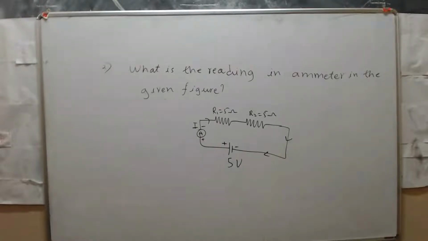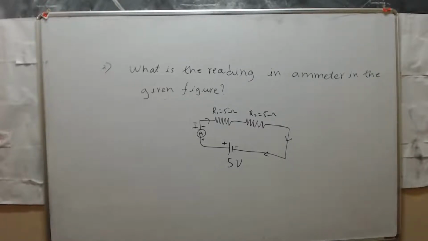Current is 0.5. Naresh Joshi, so I is 0.5 ampere. Okay. Yes, what about others?